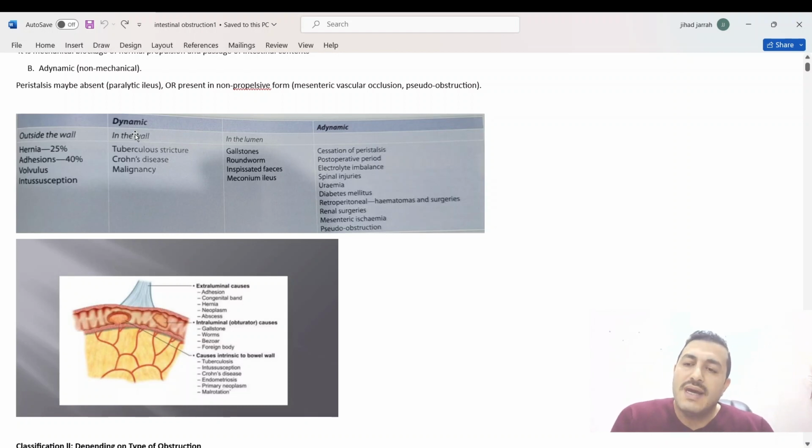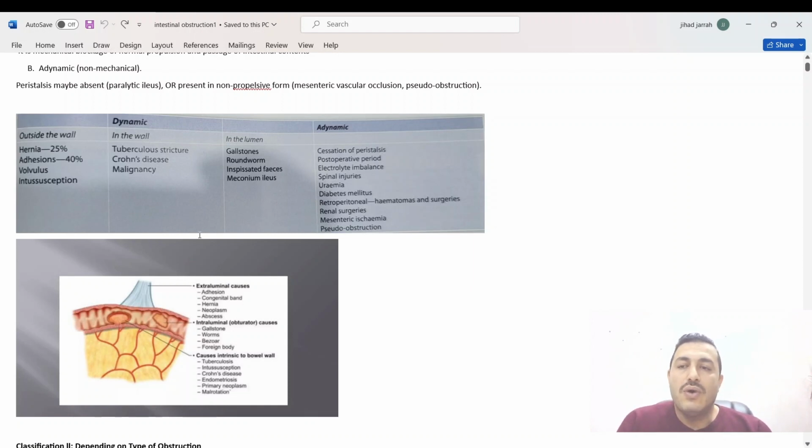So, where is the mechanical blockage? The mechanical blockage can be in the lumen of the intestine, we will see some examples, or in the wall itself, or outside compression, doing compression on the bowel.